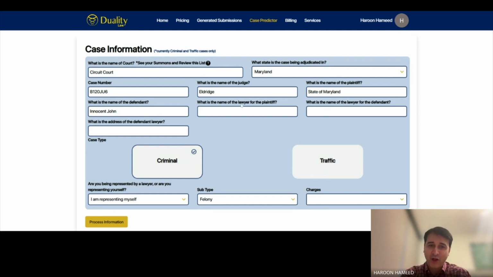So Duality Law is a product that's designed to help lawyers, law firms, and self-representing individuals, in particular, obtain the best possible representation for themselves, right? We know that sometimes legal research is really time-consuming. I mean, there's a vast amount of literature, no matter what kind of best tools you're using.